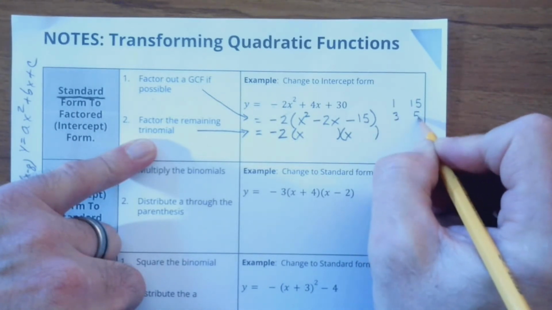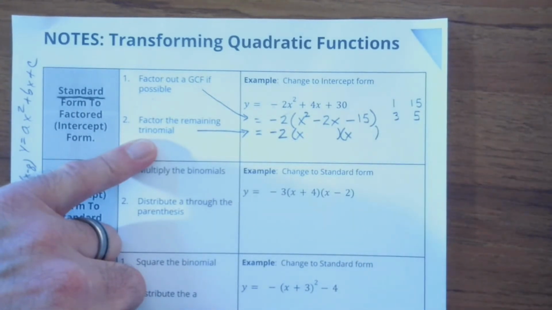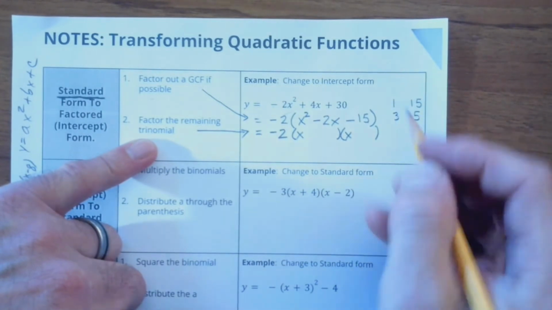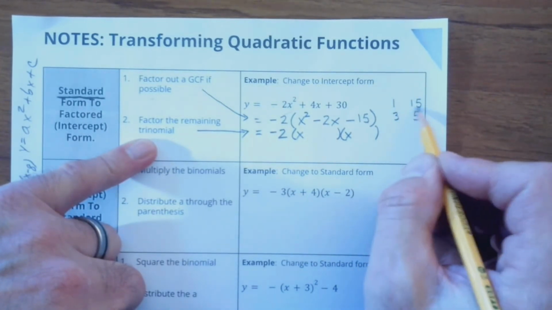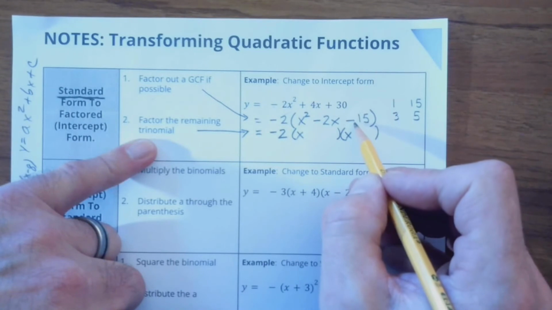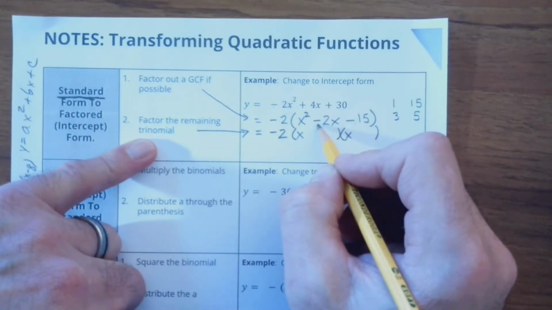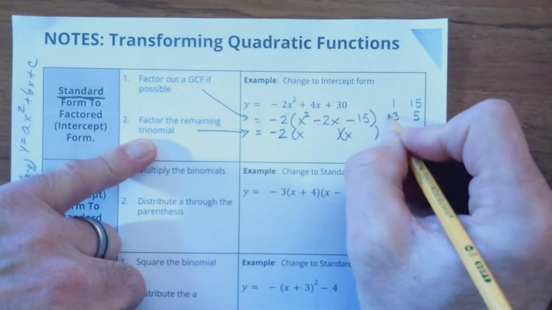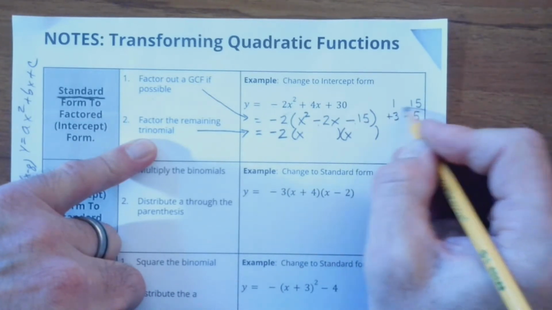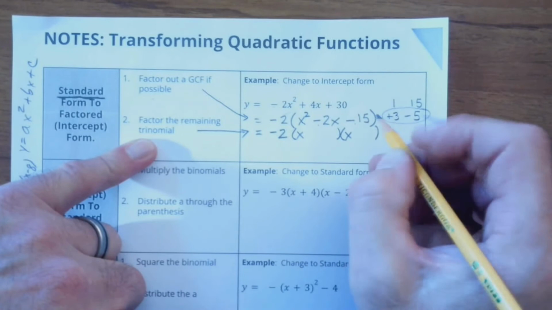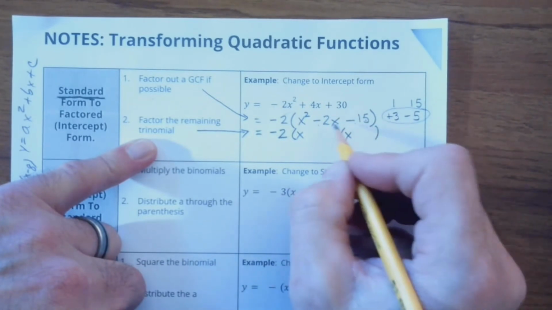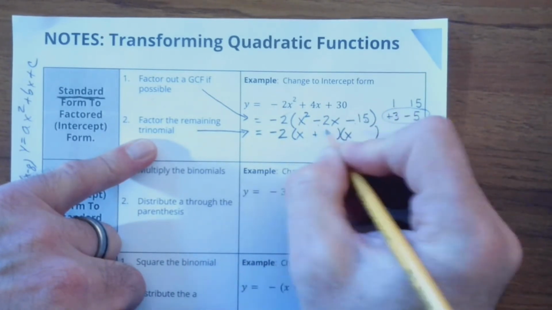But for 15, the factor pairs are 1 and 15 and 3 and 5. We need to find a pair of these that multiplies to negative 15 and adds to negative 2. And that would be plus 3 and minus 5. Multiplies to negative 15, adds to negative 2.